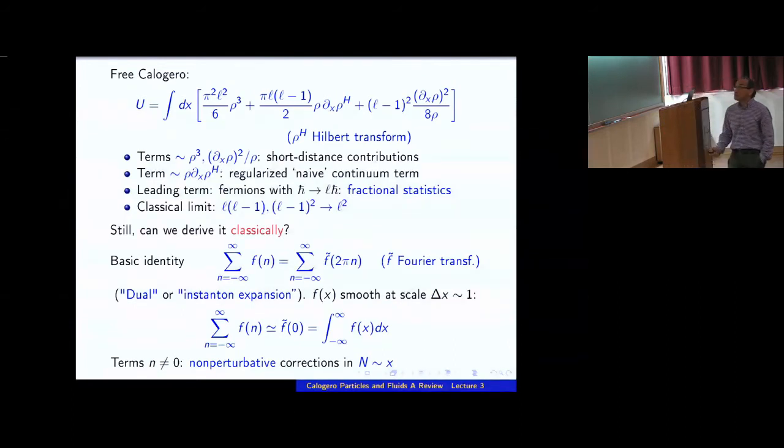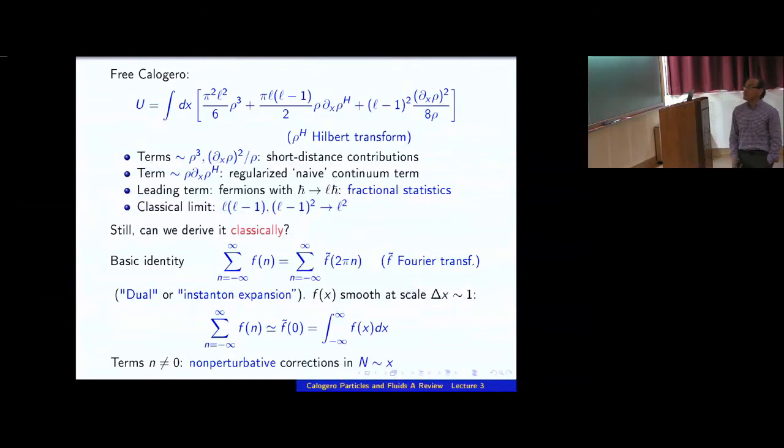Now, we will assume that our function f is smooth at the scale of 1, because this n here will become like our sigma, the particle variable that in integer values would be I, 1, 2, 3, etc. So you would like this function to be smooth at scale 1. You could rescale everything to make that be 1 over n.